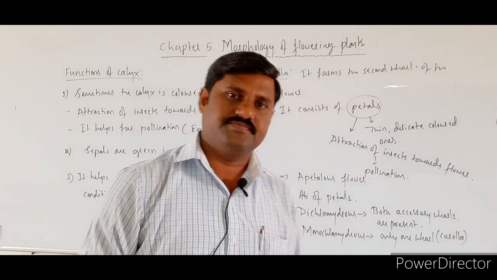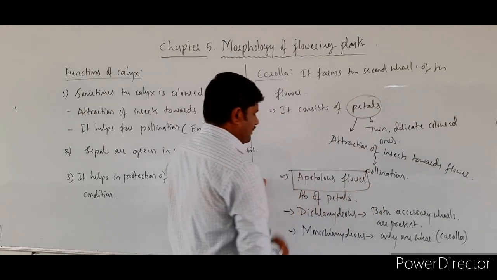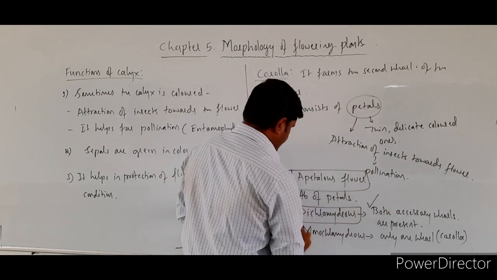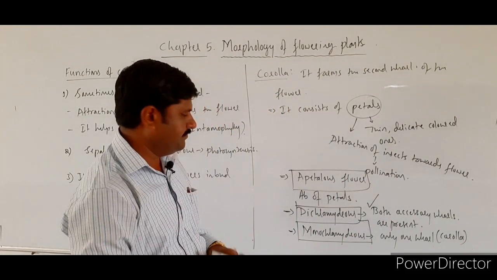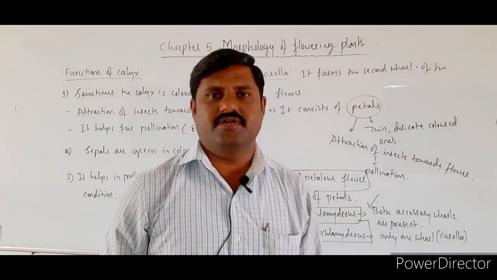Okay, so very important terms are apetalous flower, and in dichlamydous both the whorls are very easily identified and present over there, and in monochlamydous the corolla is easily seen over here.